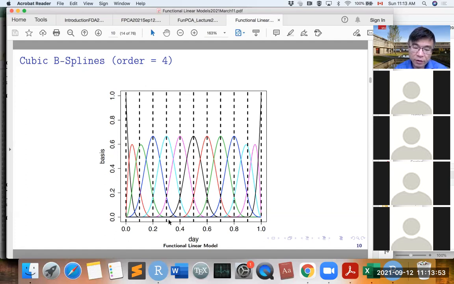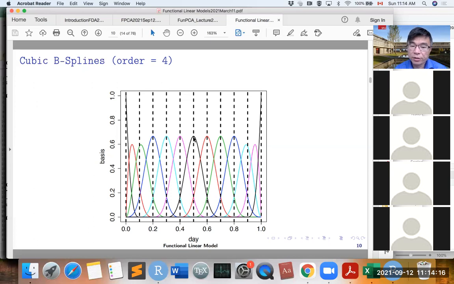For each B-spline basis function, like this black one, it is non-zero on 4 adjacent intervals. In each subinterval, it is a piecewise cubic polynomial function.